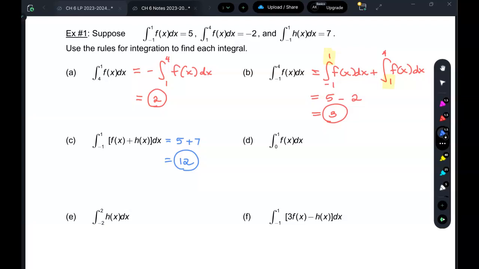Can we find that? Do we have any information about from 0 to 1? You divide that one by 2. Okay, if we knew that this was an even function, if it had symmetry, then we could divide it by 2, but we can't make that assumption, so not enough information.